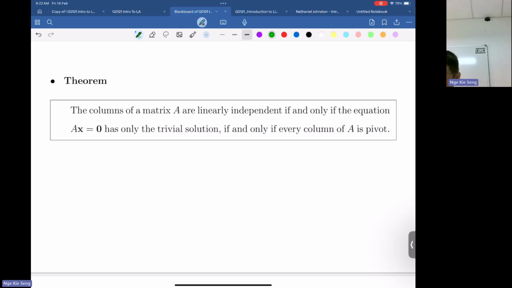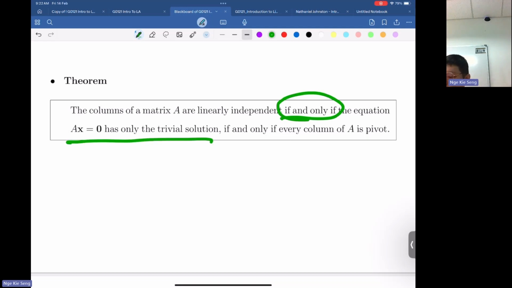Next, what's the theorem here? The columns of a matrix A are linearly independent if and only if the equation AX equals 0 has only the trivial solution, or if and only if every column of A is a pivot column. The first if and only if you see from the example we calculated already.